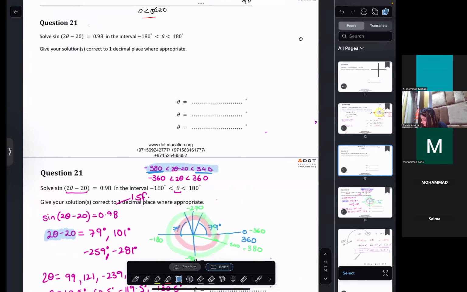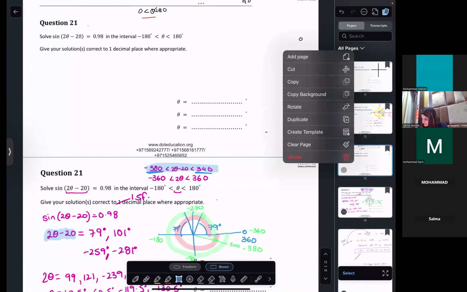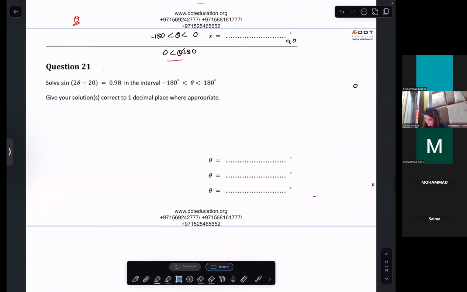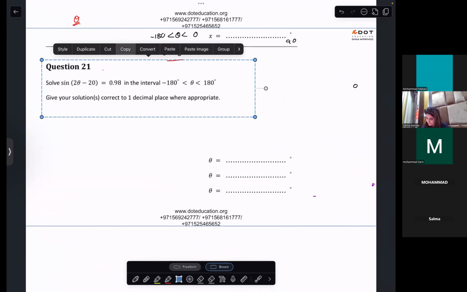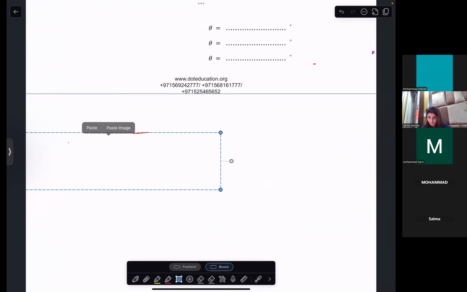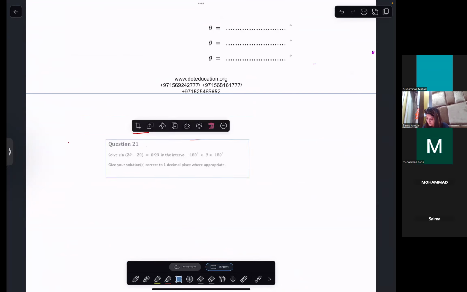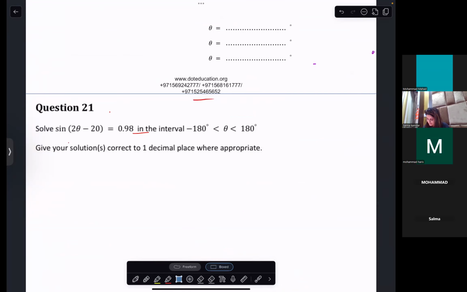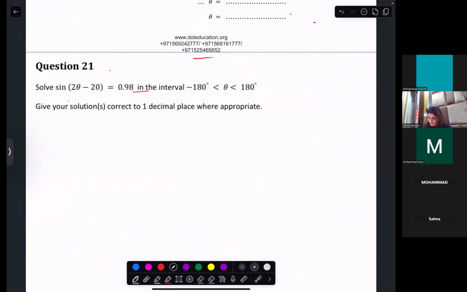Let me take it to a bigger page so it's easier for you to understand. I have 2 theta minus 20 equal to 79 degrees, and the range minus 380 less than 2 theta minus 20 less than 340.